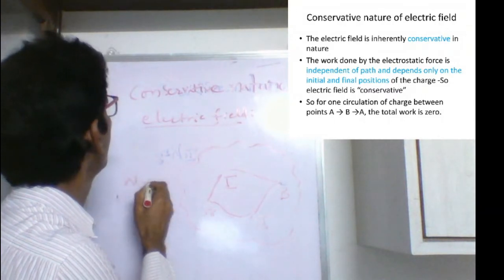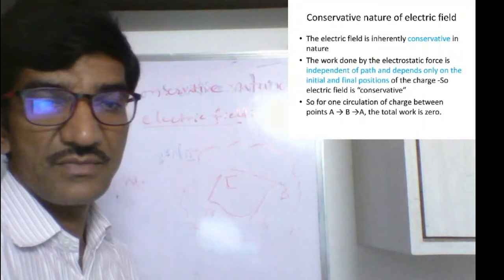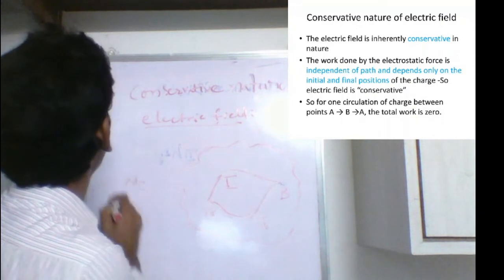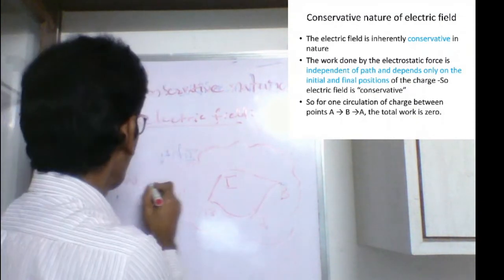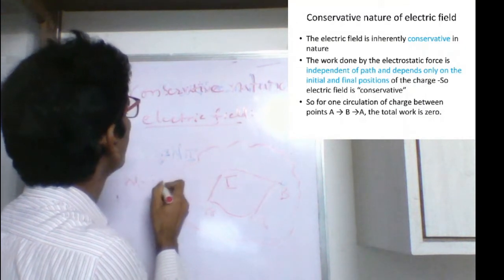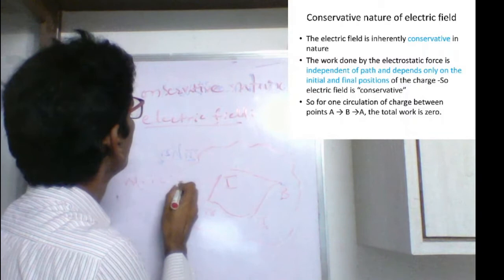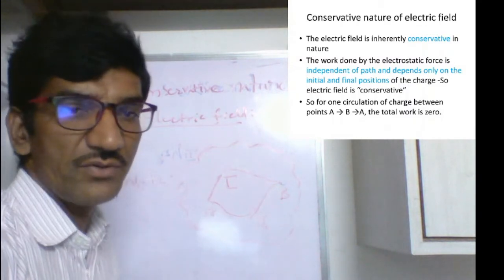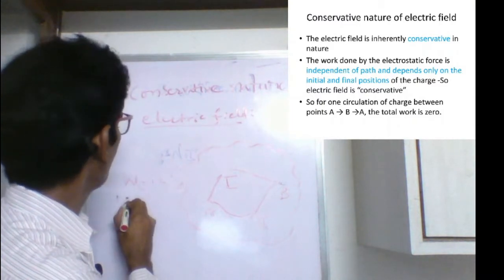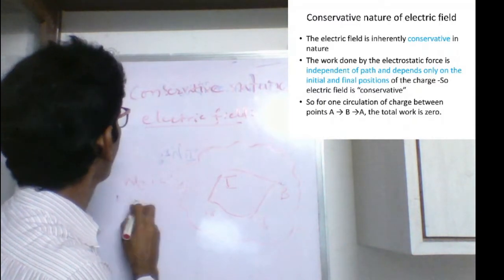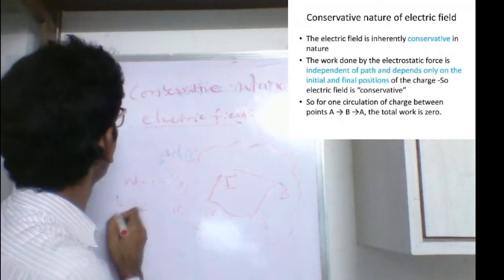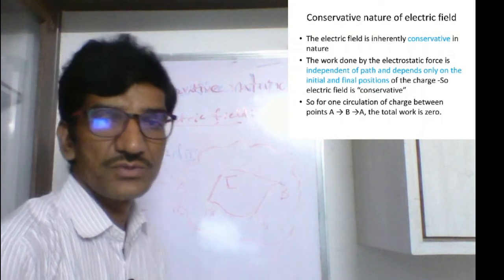W1 and W2 are the same. Here you are adding: W is equal to W1 plus minus of W2. So W is equal to W1 minus W2.